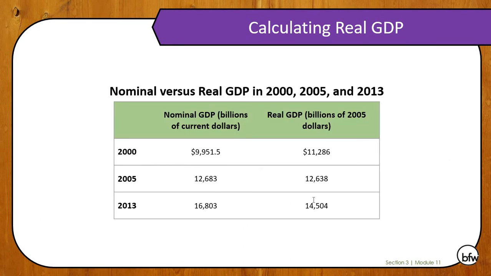If we look at nominal versus real GDP in 2000, 2005, and 2013, using 2005 as the base year, then we can see how our nominal GDP grew from 2000 to 2013 versus our real GDP from 2000 to 2013. Again, there was still economic growth, it just was not as much as it looked like.